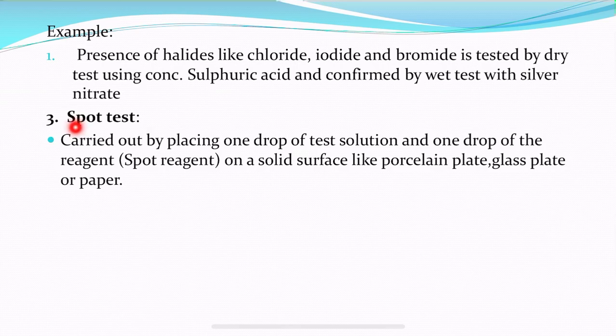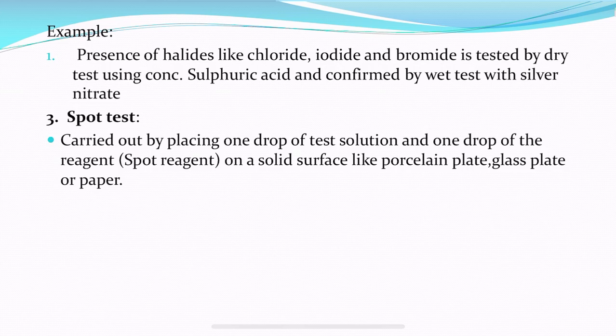And the third type of test that we are going to do under qualitative analysis is the spot test. The spot tests are carried out by bringing together one drop of test solution and one drop of the reagent on a solid surface like a porcelain plate, a glass plate or a paper. Okay, so that is why it is named spot test.